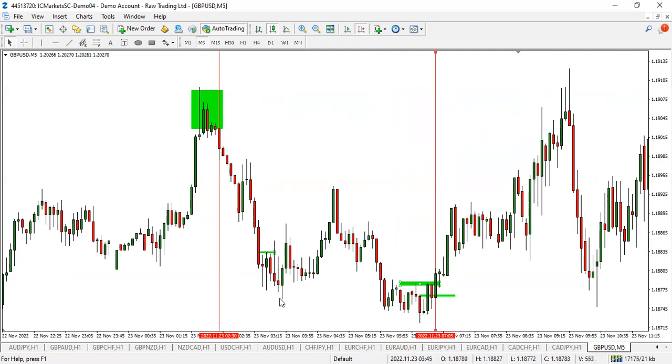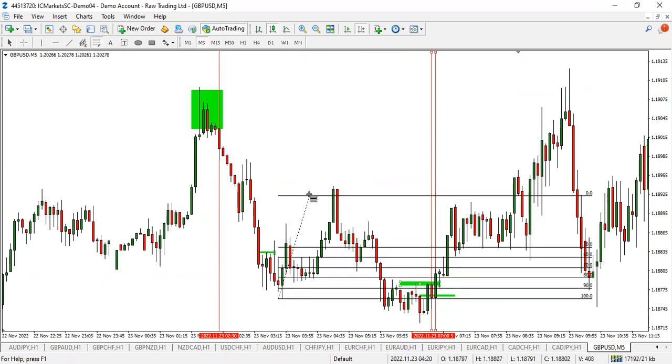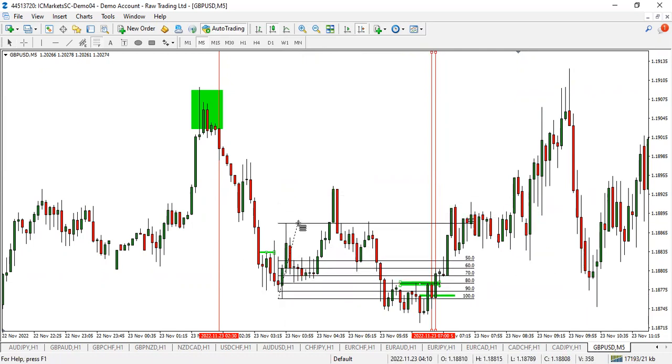And so you leave it to finish with its work down here before entering. And when it finished, went down more, it then gave another, the main break of neckline, which is this. And because it's also far away, one may have used the Fibonacci here to enter somewhere here.